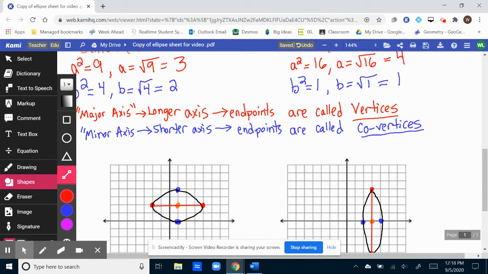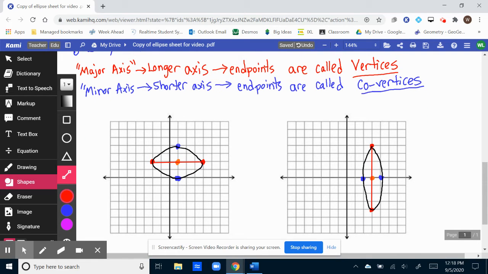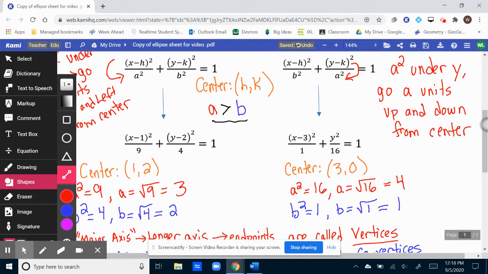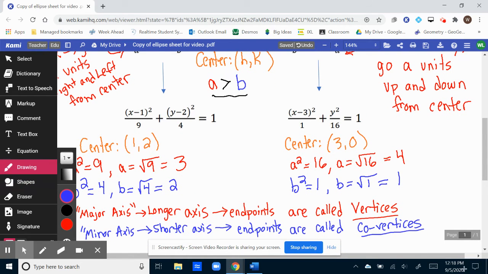You guys see that on the left, the major axis is horizontal. On the right, the major axis is vertical. That's because the equation on the left had a larger denominator under x, and on the right, we had a larger denominator under y.